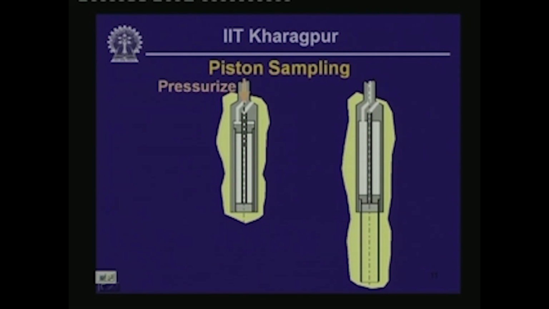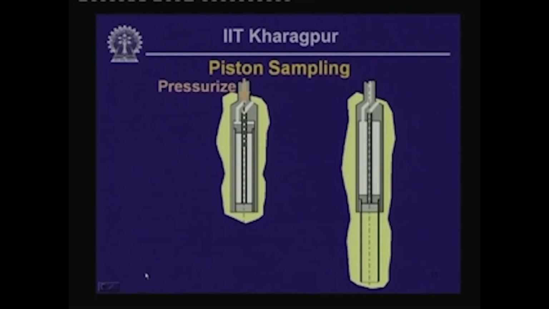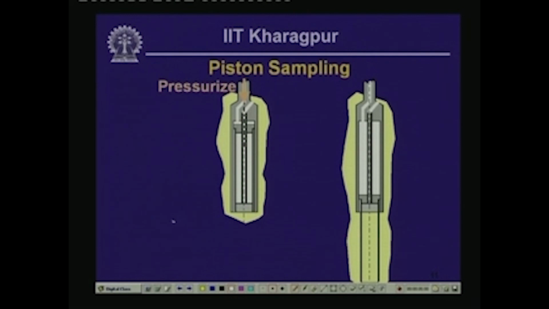The sketch on your left shows the piston sampler placed at the bottom of the borehole, the bottom of a pre-drilled borehole.